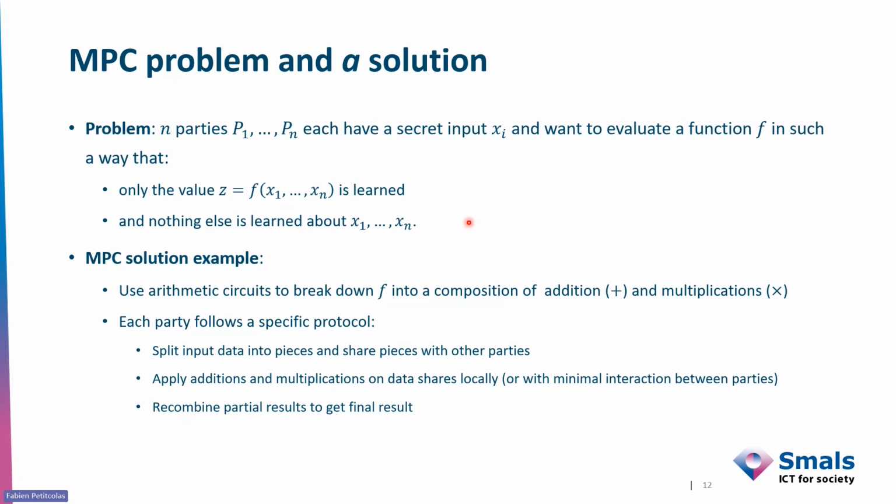So one possible multi-party computation solution is to convert the function f into some arithmetic circuit, basically a composition of additions and multiplications, and then to follow a very specific protocol, which is as follows: first, each party splits the input data into pieces and shares pieces with other parties, and then applies the additions and multiplications as specified by the function f to the local shares.